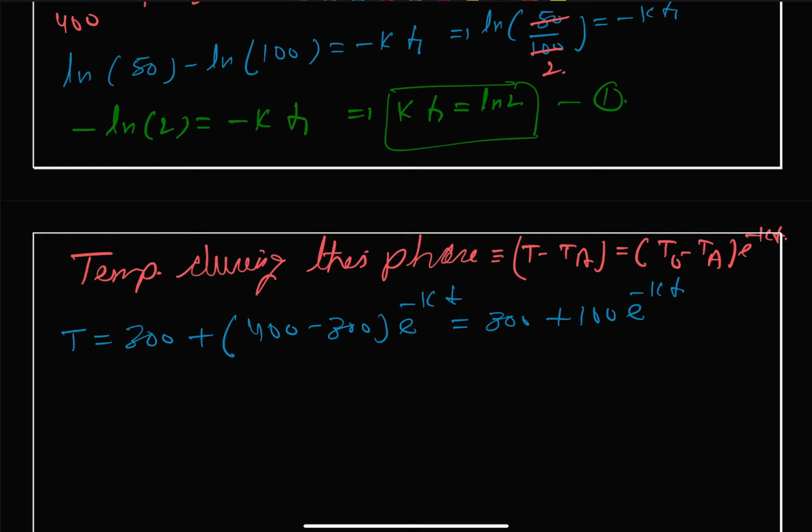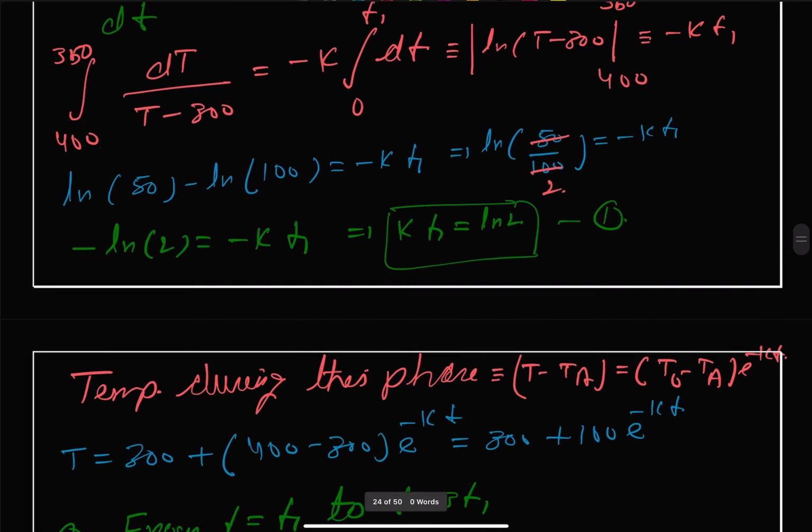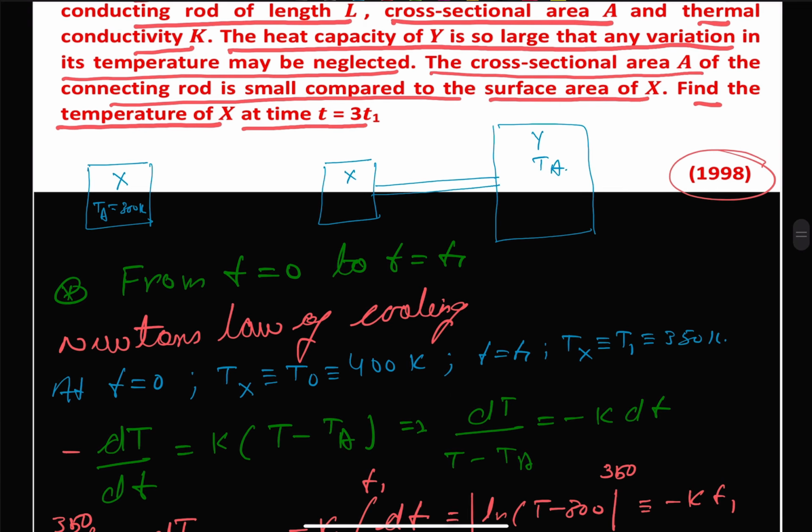Now we go from time T1 to 3T1. So we go from T equal to T1 to T equal to 3T1. And here we have to remember, in the first case the cooling was only because of radiation.